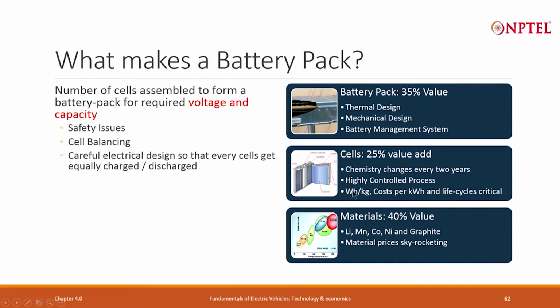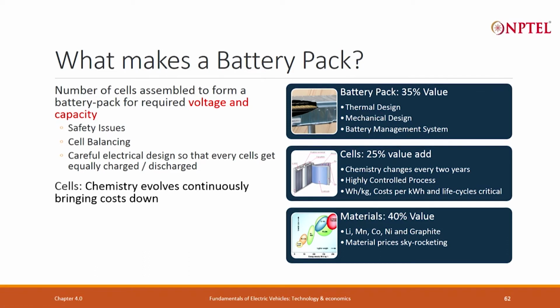So, if I take a battery which costs 100 rupees, about 35 rupees will come in the pack design, 25% will come in actual cells, and the remaining, close to 35 to 40%, is the actual raw materials used. The raw materials used itself plays a very important role: nickel, lithium, manganese, cobalt.